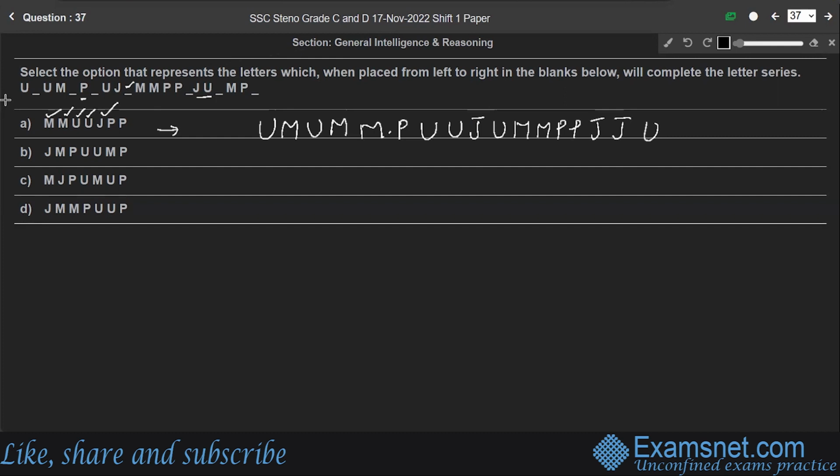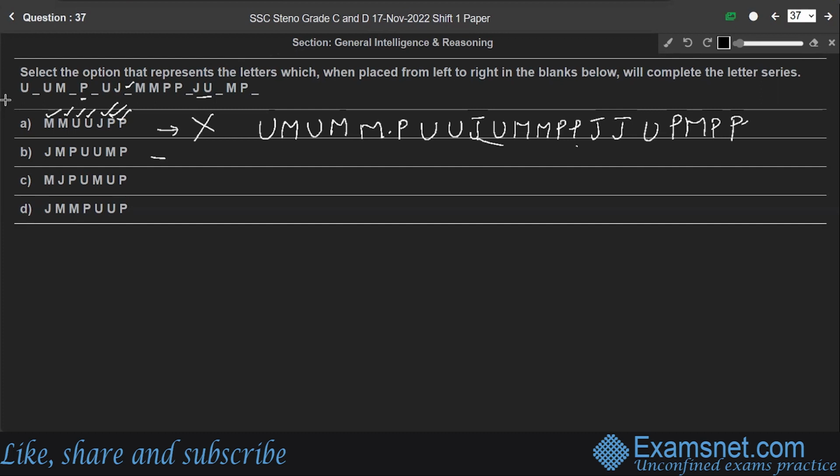There is a blank, fill with P, and we have MP, and lastly we have to write P. Whether it follows some pattern or not, we have to decide. UM, MP, UU, right? It doesn't follow any pattern like a letter series. Therefore, option A is not the answer.